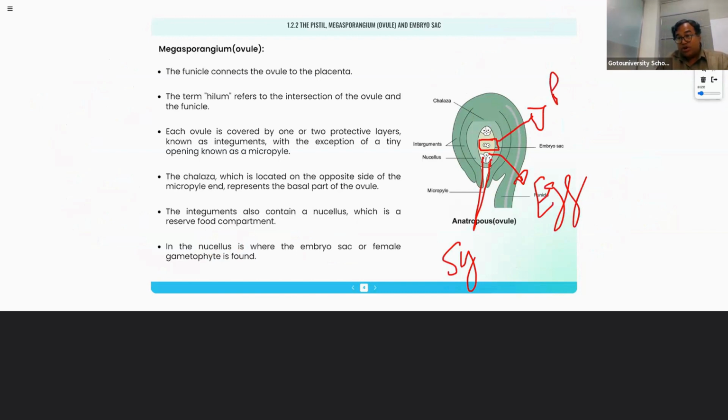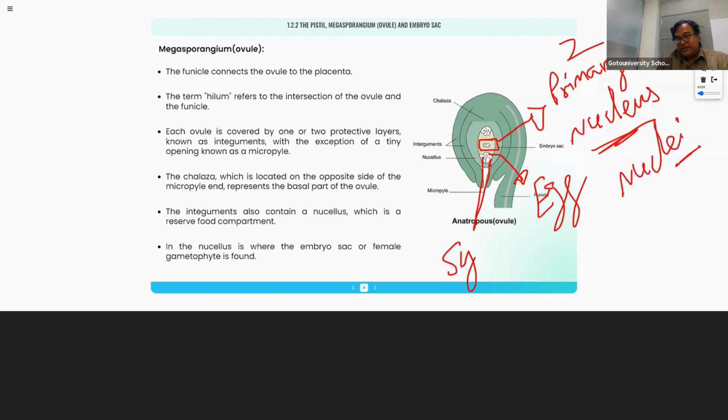Primary polar nuclei. I already told you, when we are saying the plural, instead of saying 2 primary nucleus, we can say nuclei. Nuclei is plural, nucleus is singular. These 2 primary polar nuclei are there in the center of the ovary.